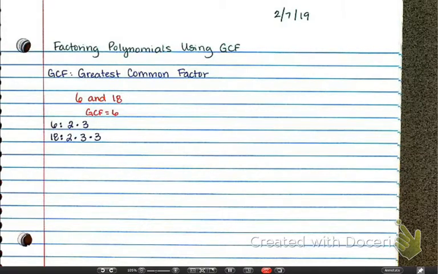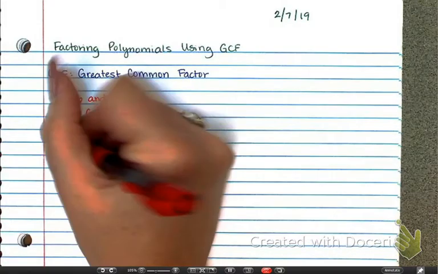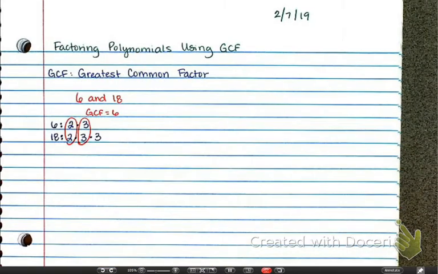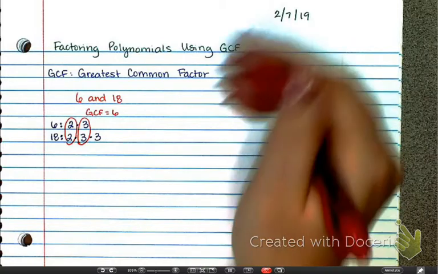Now, if I want to find the greatest common factor, I look for what they have in common. They have a 2 in common, and they have a 3 in common. And what's 2 times 3? 6. Did we not learn that in 5th grade?